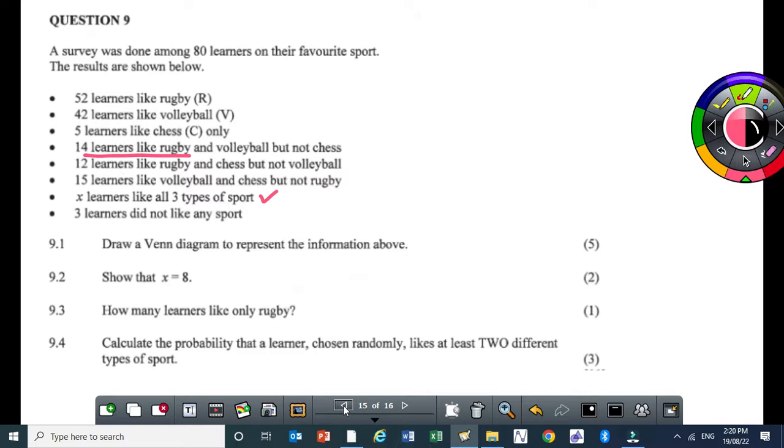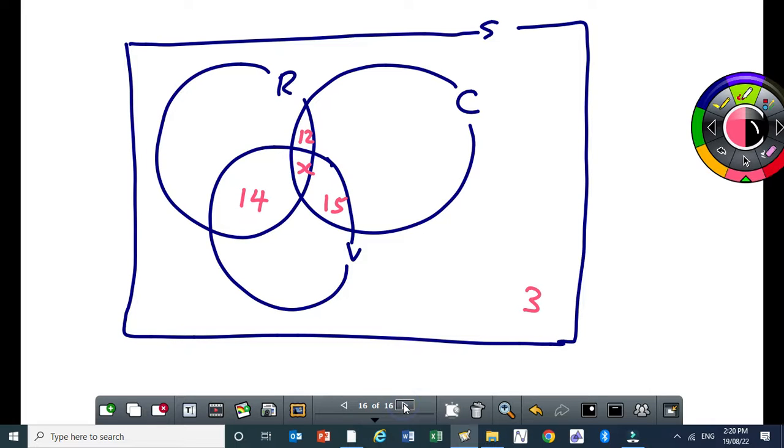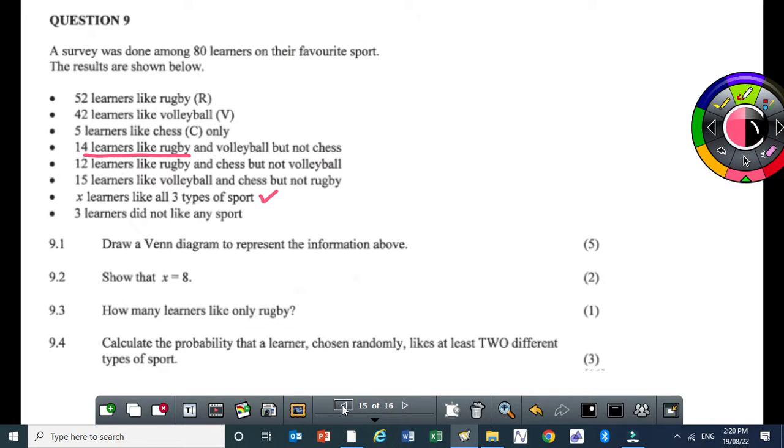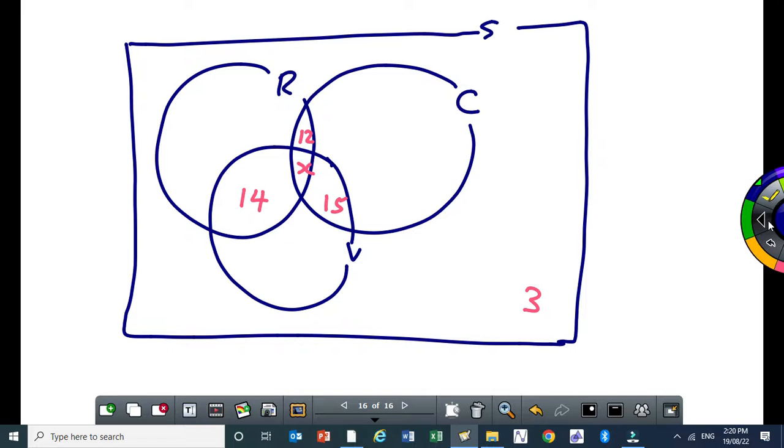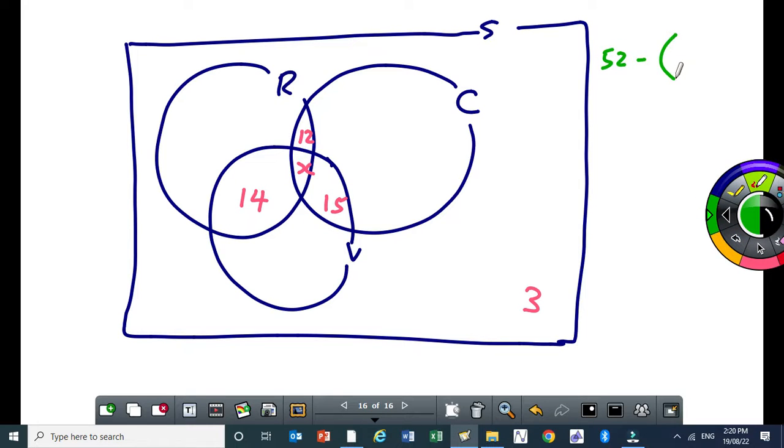Now, we also need to determine how many of them like one sport. In total, we have got 52 learners who like rugby. To determine those who like rugby only, it will be 52 minus (12 plus x plus 14).